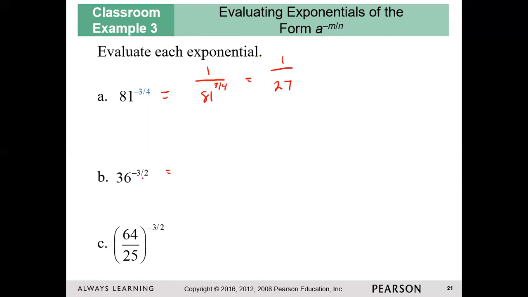Over here, again, deal with the negative exponent first. So 1 over 36 to the positive 3/2 power, and that's going to be 1 over 216. Okay. So again, you could do it this way, or you could just type it into the calculator, and you're going to get a decimal more than likely. And as long as you can convert that decimal to a fraction, you should be good.